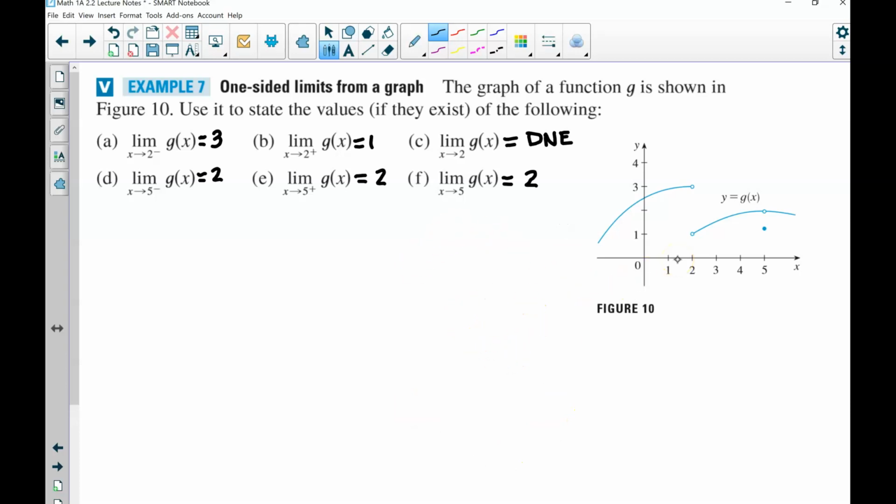And this is regardless of the fact that g of 5 is actually equal to 2. Remember that statement we made: the function can equal a number, but it's actually approaching this value of 2.